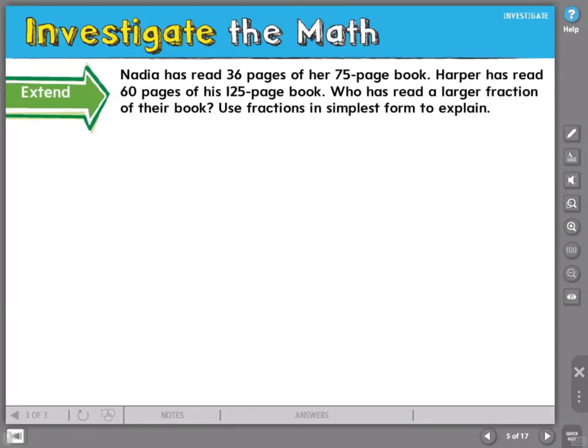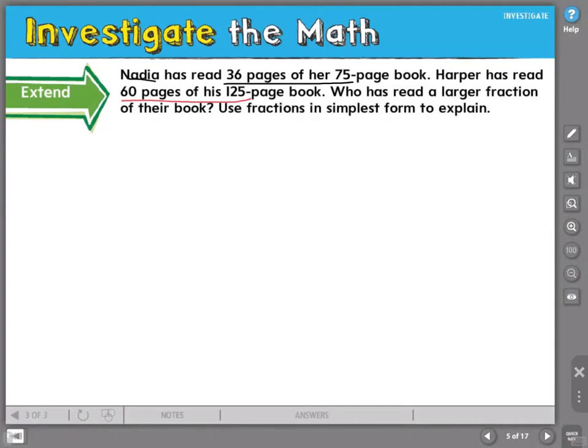Let's use what we've learned about simplest form to solve this word problem. Here, Nadia has read 36 pages of her 75-page book, and Harper has read 60 pages of his 125-page book. Who has read the larger fraction of their book? Let's see.